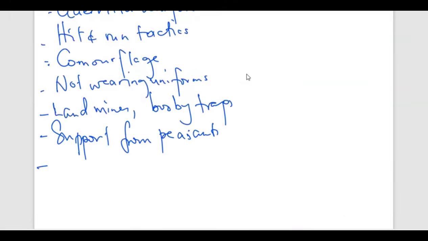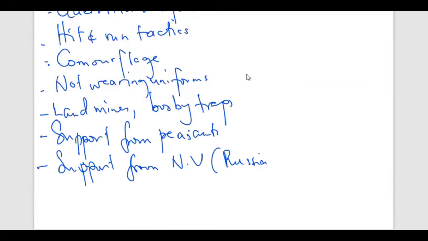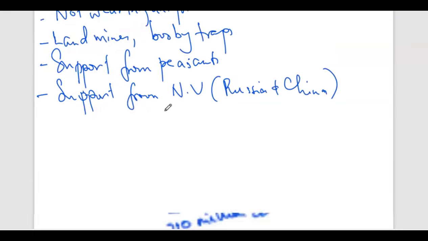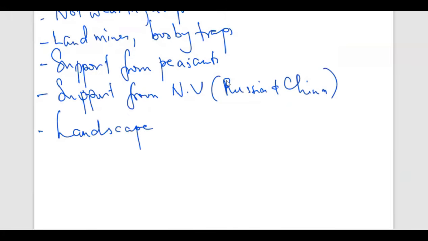They were also benefiting from support from North Vietnam, which was backed by Russia and China. They also benefited from the landscape, knowing their landscape.